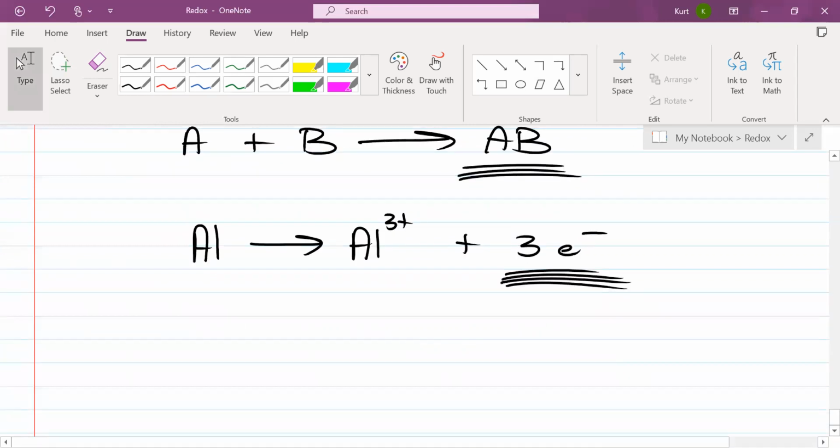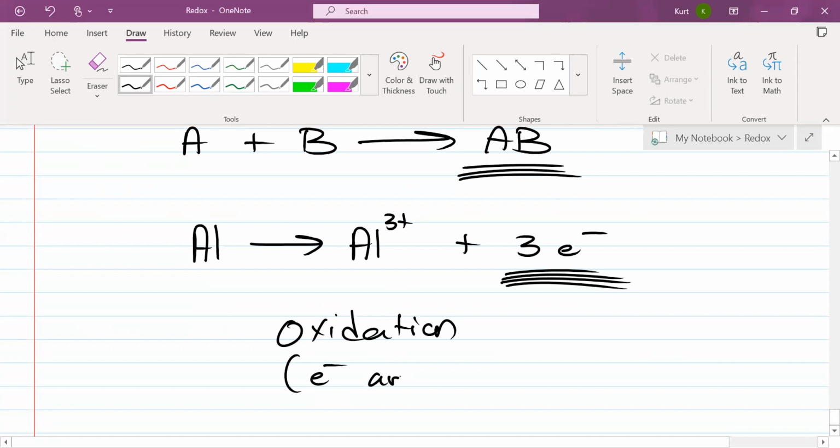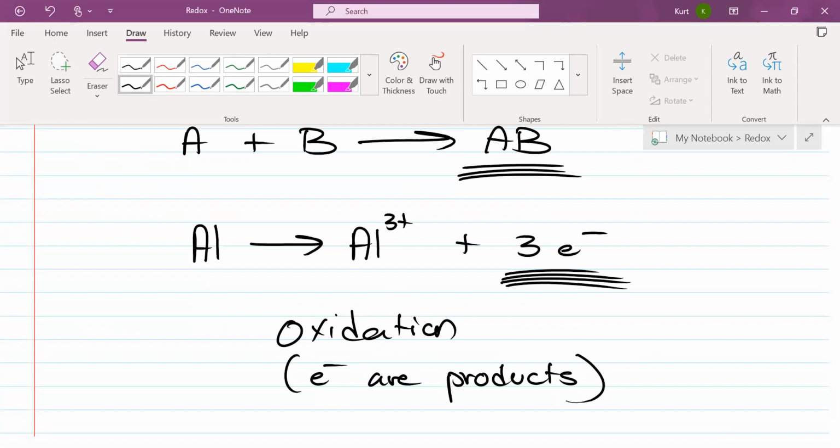What type of process are electrons leaving? Oxidation or reduction? This is an oxidation reaction. You can tell because electrons are products. The electrons are on the way out. They're gone.